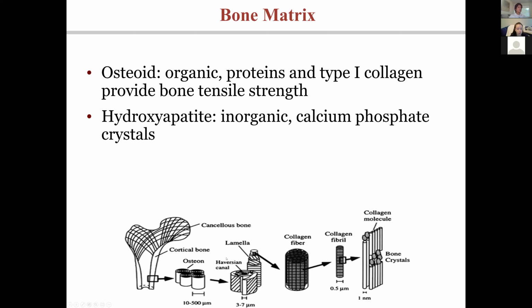within which we're able to mix collagen, this fairly flexible structural material, with this crystal of hydroxyapatite. This structure allows bone to have inorganic calcium phosphate crystals and this organic, flexible collagen structure.